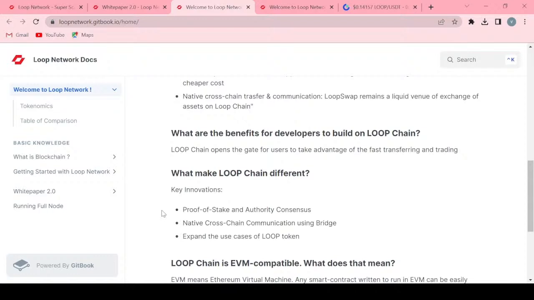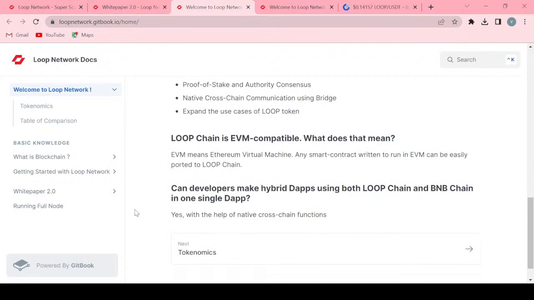And loop chain is EVM compatible, and what does that mean? EVM is nothing but the Ethereum Virtual Machine, which we come across every time. Its short form is EVM.